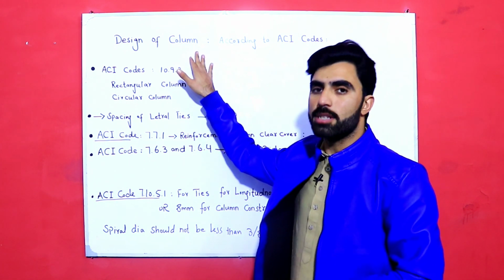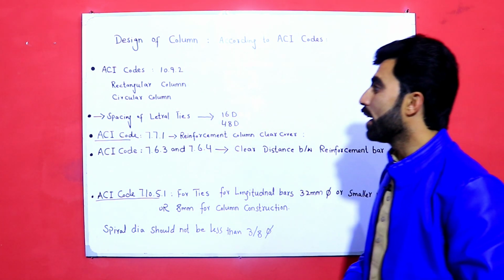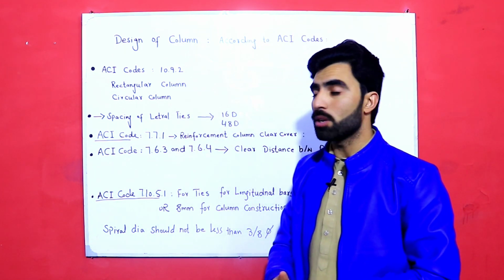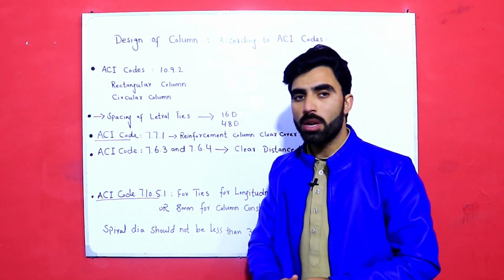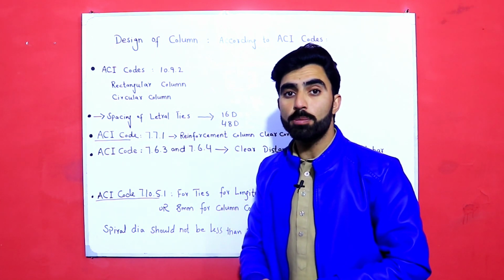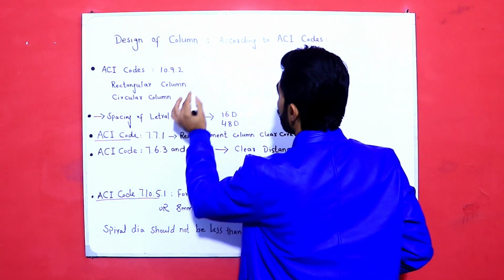Design of RCC column according to ACI Codes. First of all, in ACI Code 10.9.2, for a rectangular column and circular column, what should be the minimum longitudinal bars?